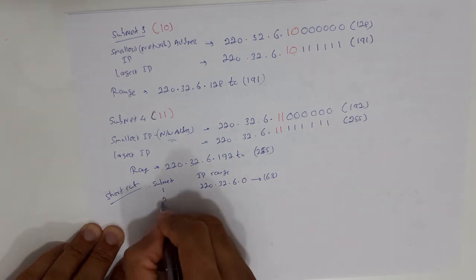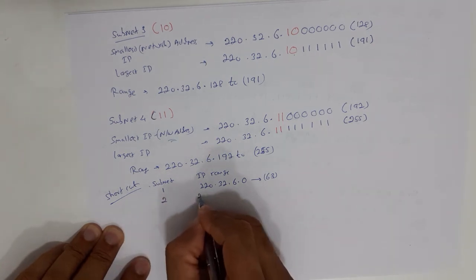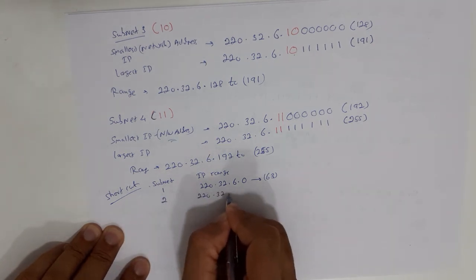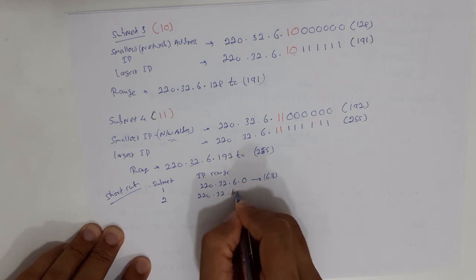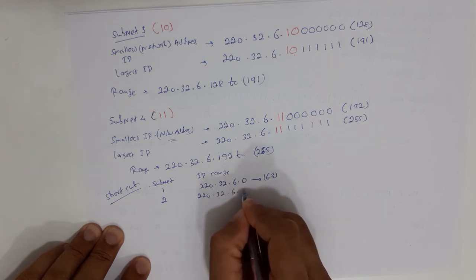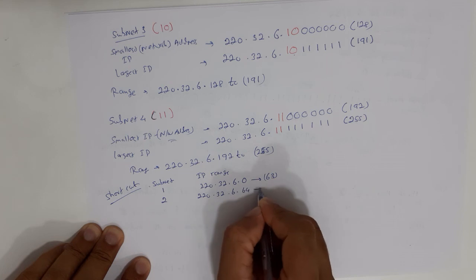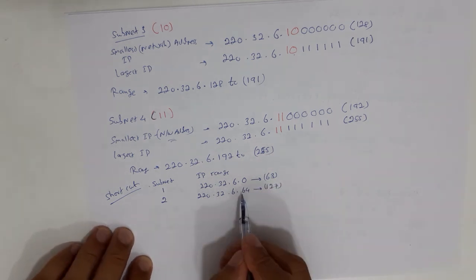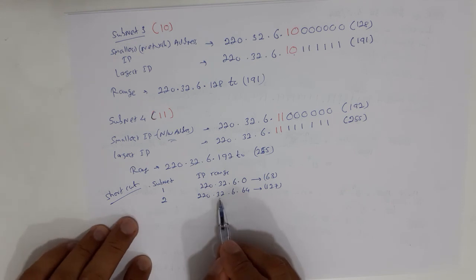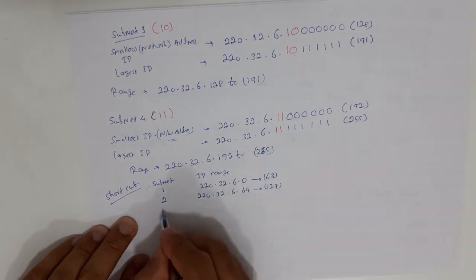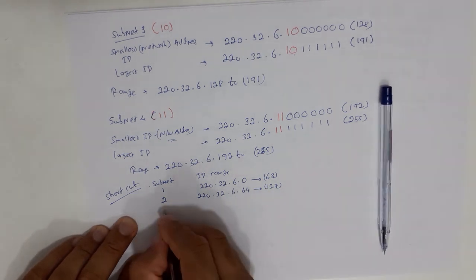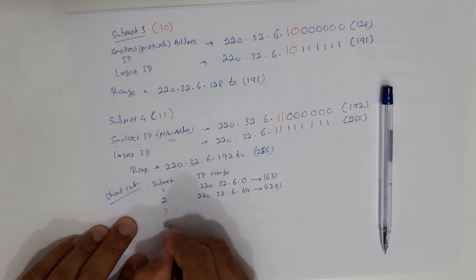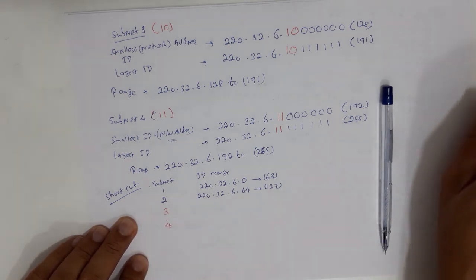Then if I go to the second subnetwork, I found it like 220.32.6 dot 64 to 127. Then from these two, I may find a pattern and continue that pattern to the next two subnetworks, subnetwork 3 and subnetwork 4.